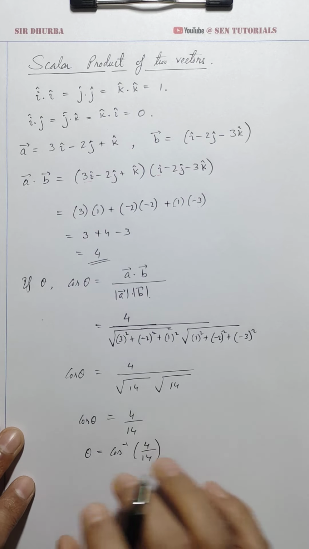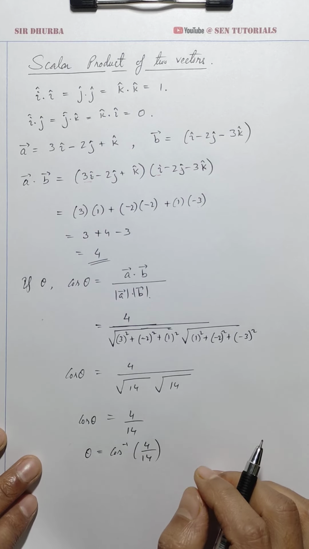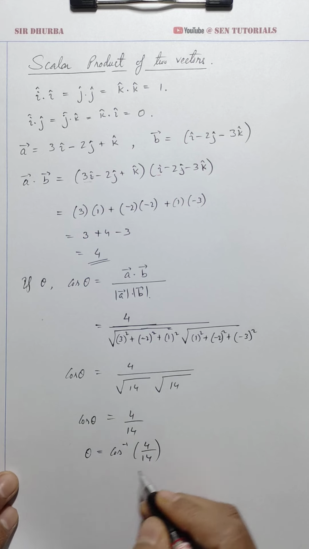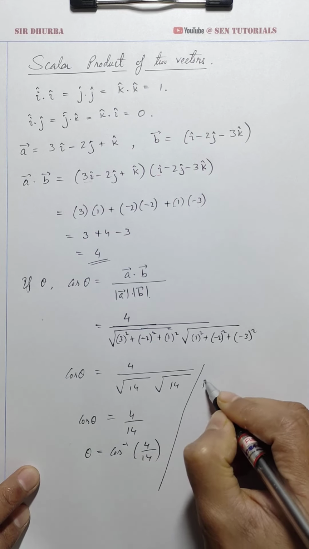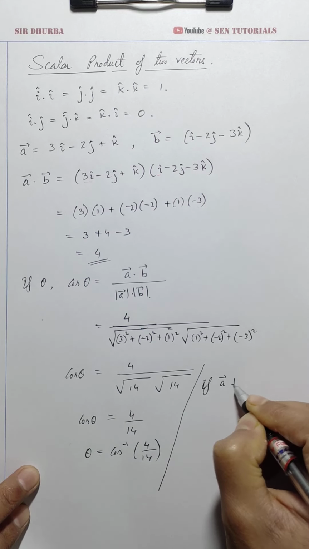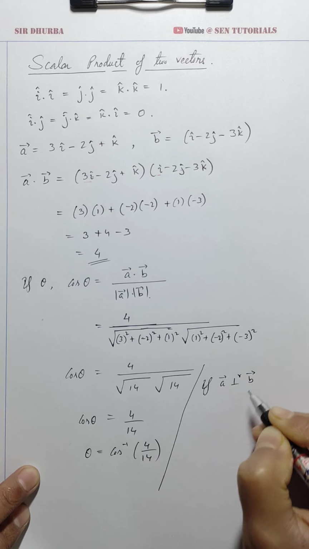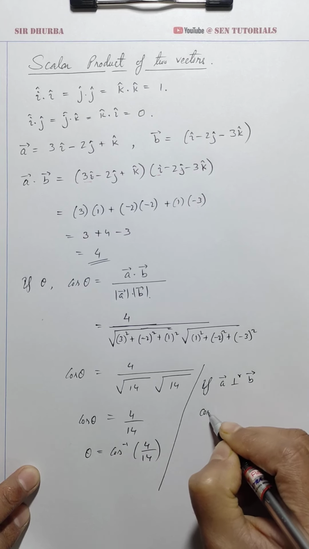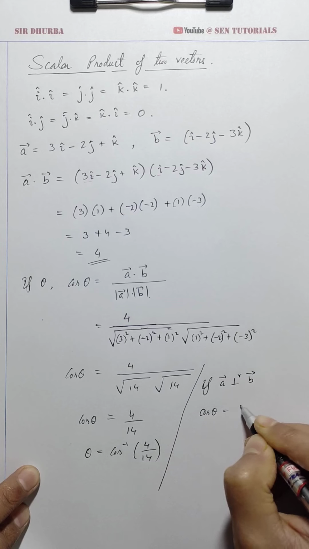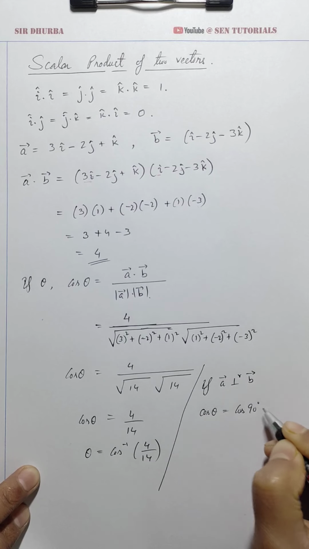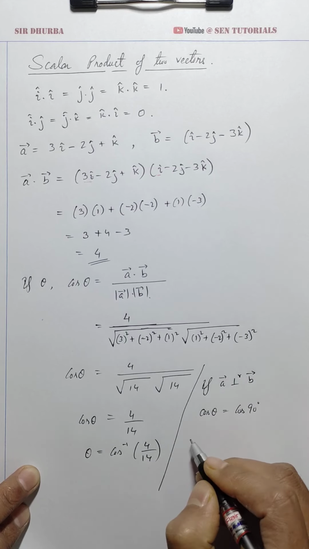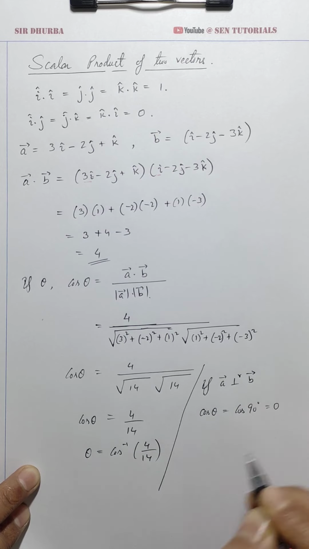So here the answer is not our main concern. The special condition was, if vector A is perpendicular to vector B, then cos theta is actually cos 90 degrees. If they are perpendicular, cos 90 is how much? 0.